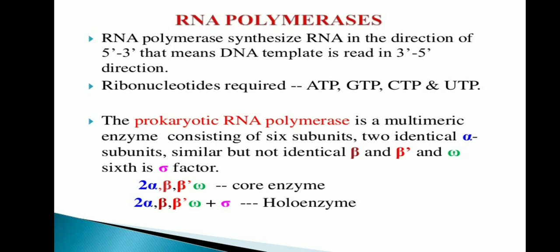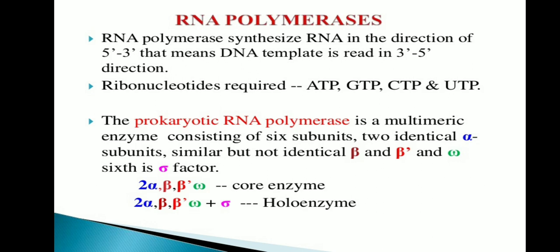So for the initiation of transcription, the RNA polymerase binds to a specific site on the DNA, that is called the promoter sequence. This sigma factor allows the initiation of transcription by causing the holoenzyme, this RNA polymerase enzyme, to bind tightly to the specific promoter. The core enzyme has an affinity for binding to the DNA non-specifically.